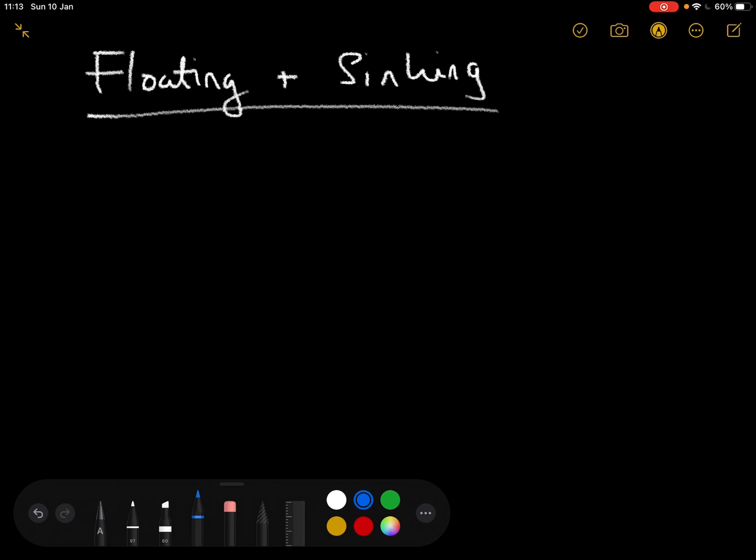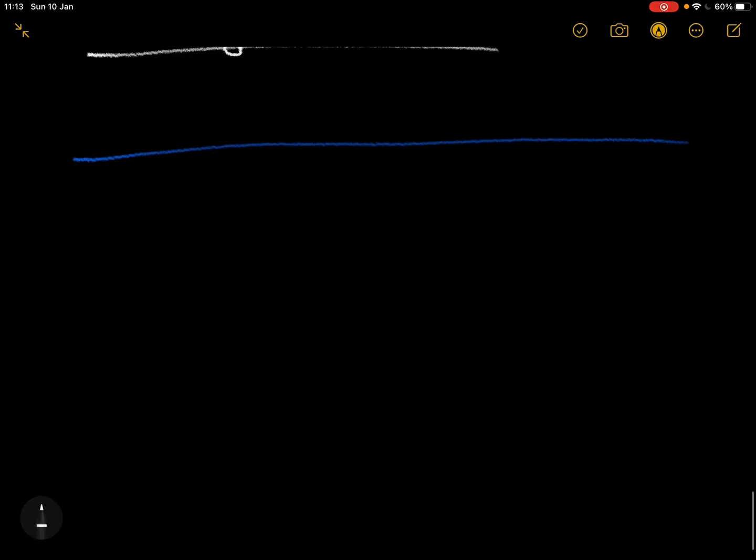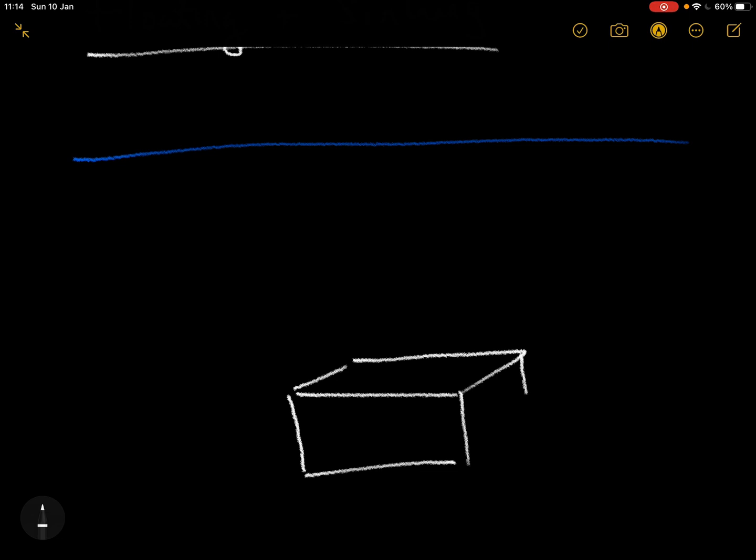Instead, let's put an object with a dimension underneath the water. So we have an object, and this time I'm giving it a set height of x. I'm still going to give it this cross-sectional area of A.